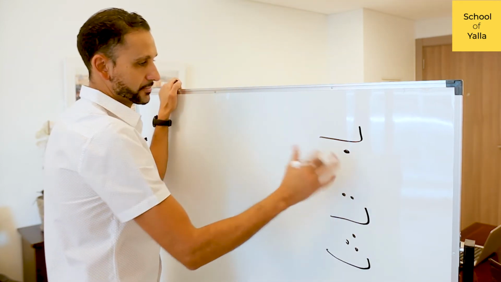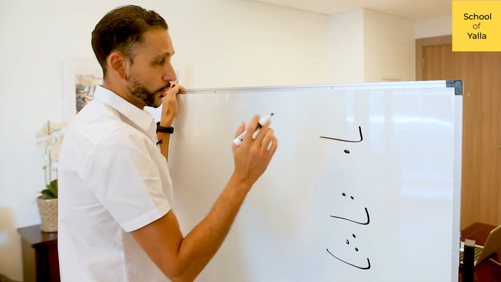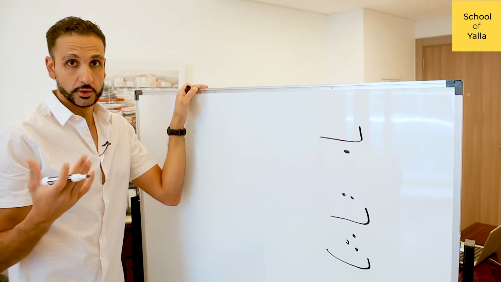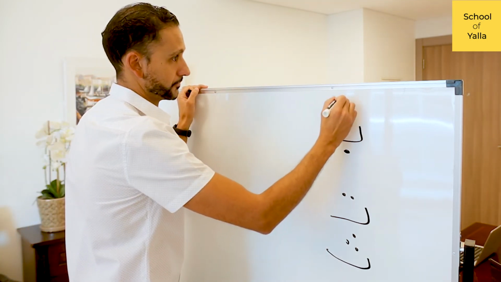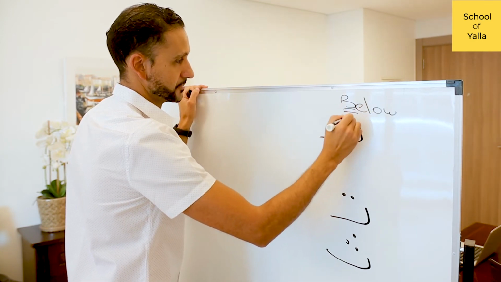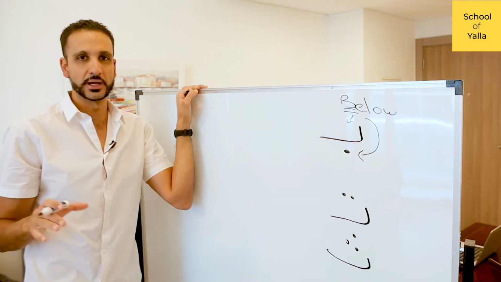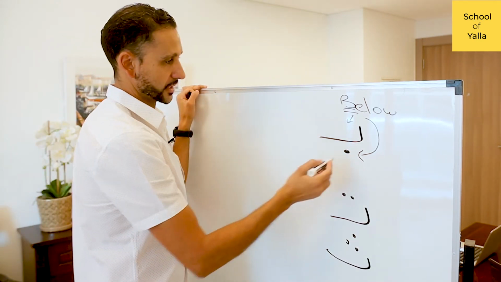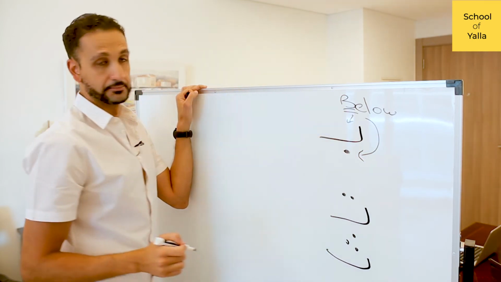Some people confuse like, okay, does that go on top, under, what have you. Remember, the word below starts with a B, and below means under, okay? Below in English. B, this is a B, and this goes under. Just a quick way to help you guys remember, okay? Below, just think the one that goes below starts with a B, and that's harf al-ba.